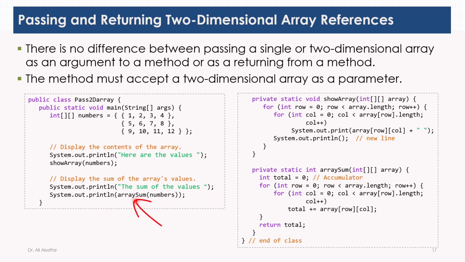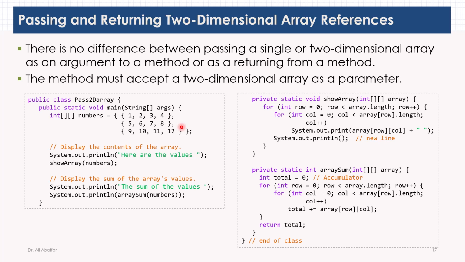So when the method is called, it will compute the total of all elements and will return the total as a return value of the method. When this value is returned, it will be printed on the screen by the main program. And this is how two-dimensional arrays are passed, and this is how two-dimensional arrays are declared as arguments in methods.